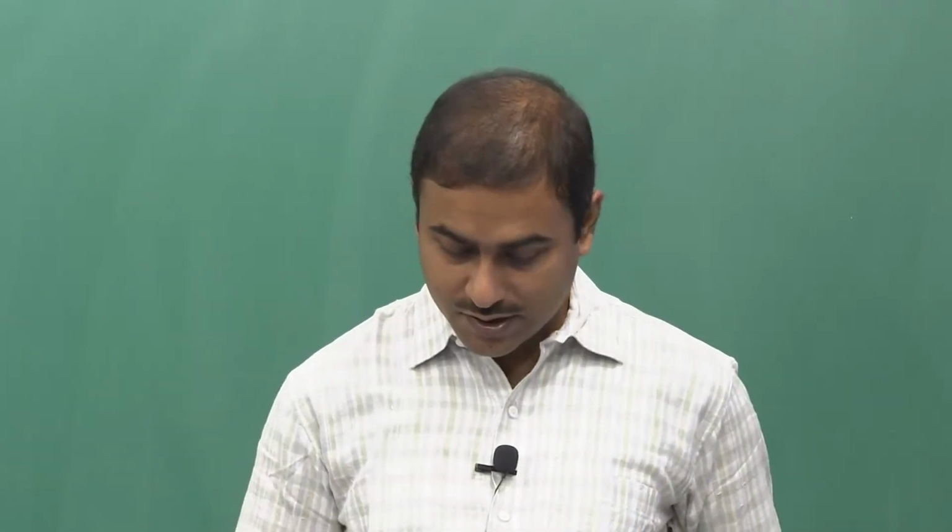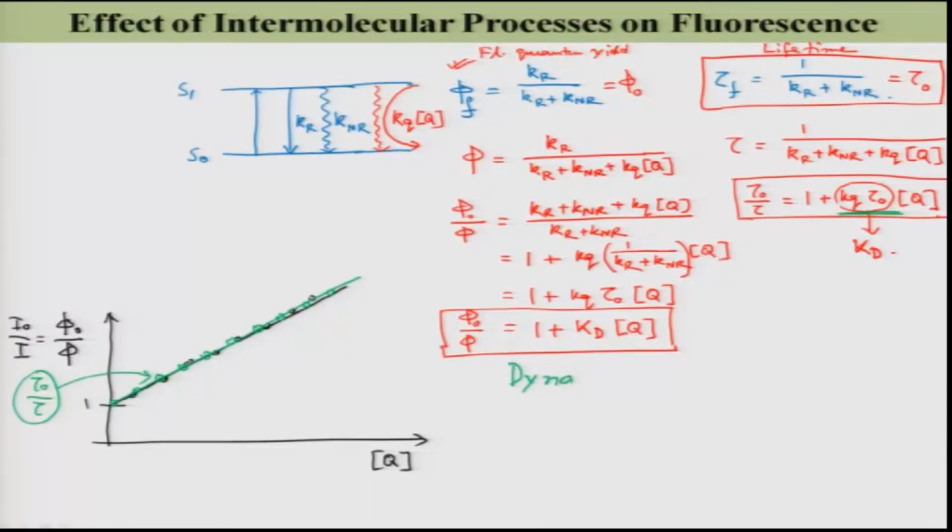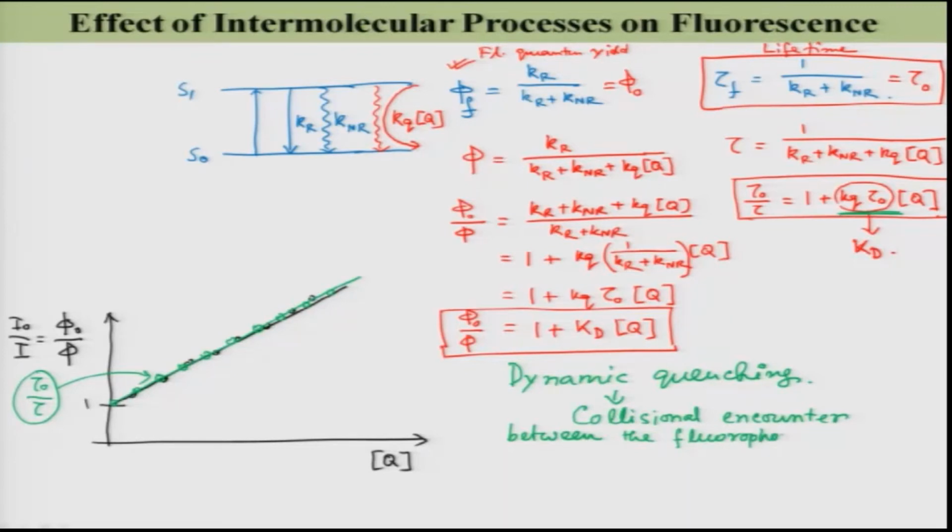This type of quenching is known as dynamic quenching. So, this results from the collisional encounter, that is what I said right now, right, between the fluorophore and the quencher.